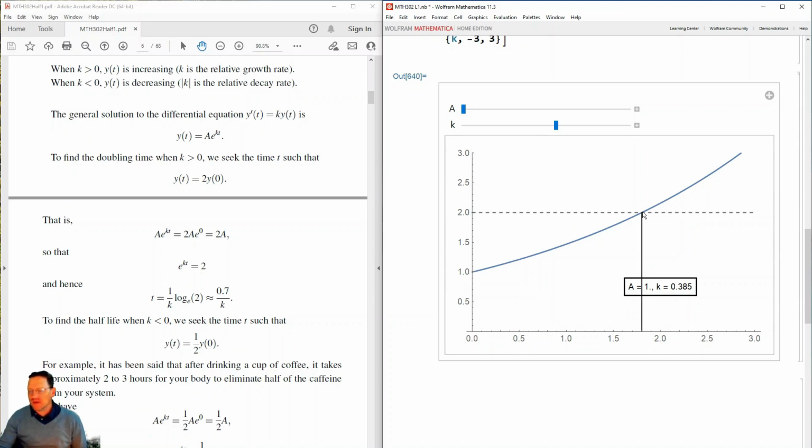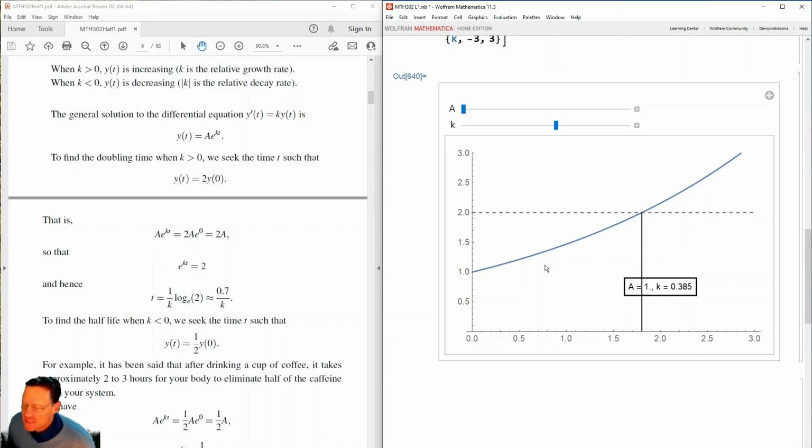So the double of that is 2, and the time required in this case looks like 1.8, which is where our vertical black line is. Let's suppose it's in seconds: 1.8 seconds to double the y value. With that exponential growth, that's an important way to visualize what the exponential behavior is like.